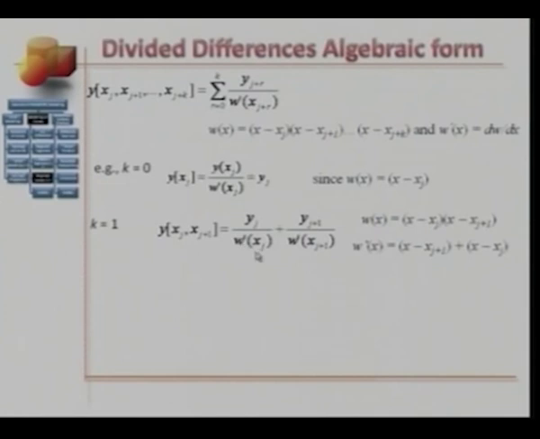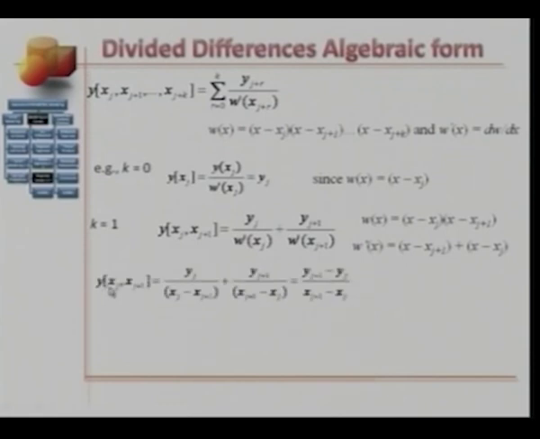So w prime of xj is xj minus xj plus 1 and w prime at xj plus 1 is xj plus 1 minus xj. This term goes off. Substitute for those terms here.